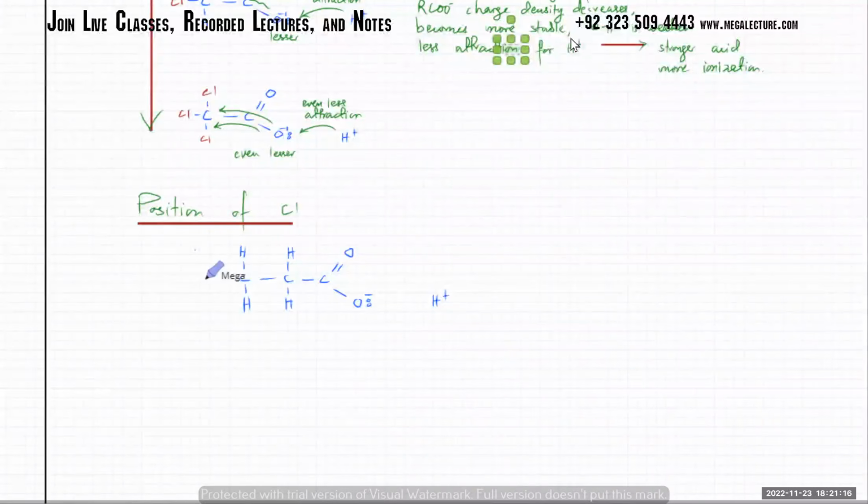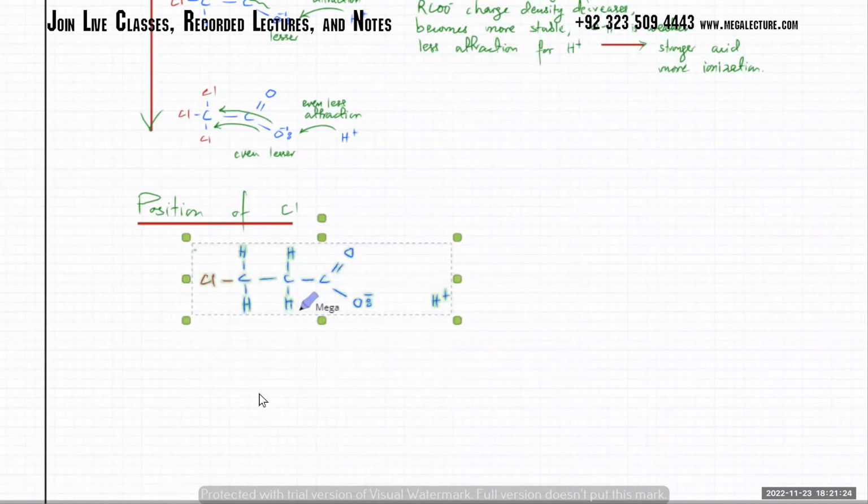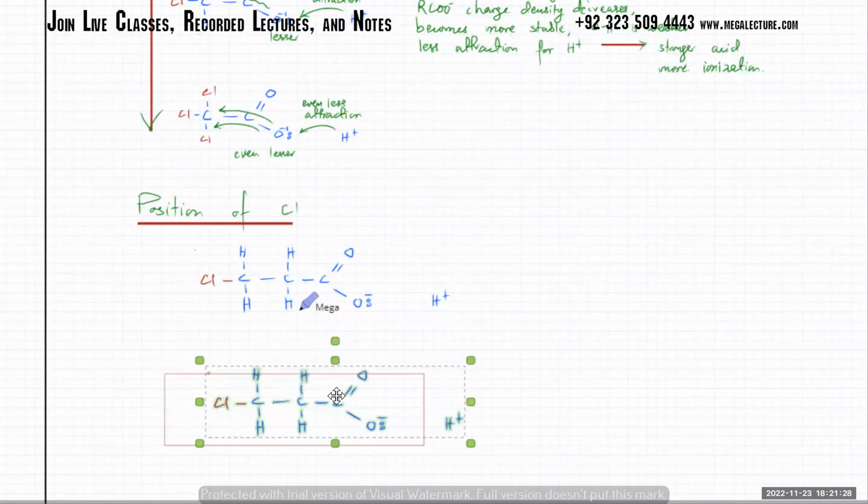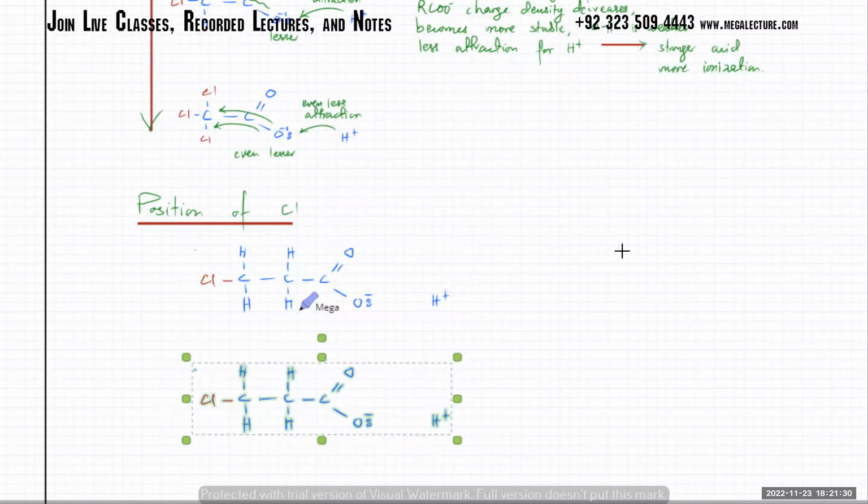That Cl is, let's say, over here, okay? There's one Cl, and there's exactly the same molecule, but in that molecule, you also have one Cl as an electron withdrawing group. But in this case, the Cl is actually not here, but it's actually over here.